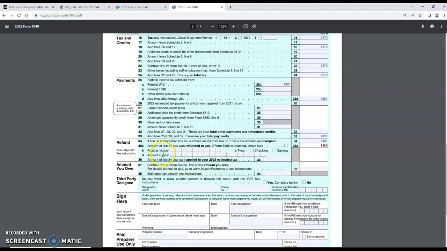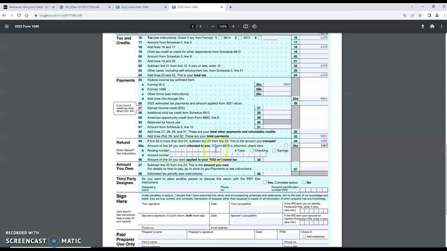Okay? Now, here they give us the routing number and the account number if Thomas wants this $34.81 deposited directly into his checking or savings account, direct deposit, electronic deposit, then he can give that information.